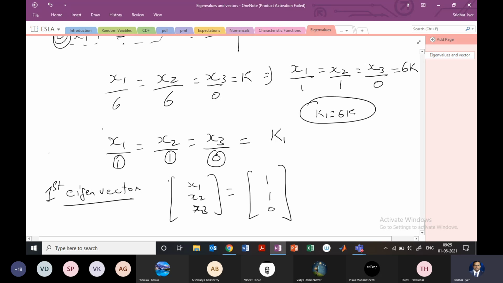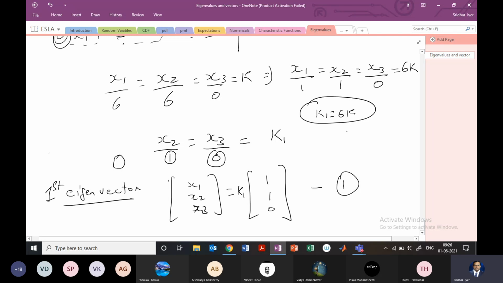This will obviously multiply with k1, but the same will happen with the other two eigenvectors also, so we can ignore the k. So the eigenvector corresponding to lambda equal to 2 is 1, 1, 0 multiplied with k1. Okay, so this is your first eigenvector.